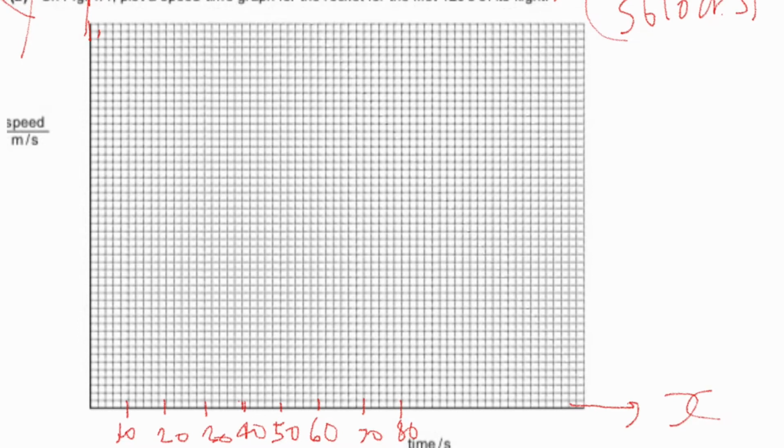Here 70 will be here. 1, 2, 3, 4, 5, 70. Then 1, 2, 3, 4, 5, 80. Then here this line I will make it 80.